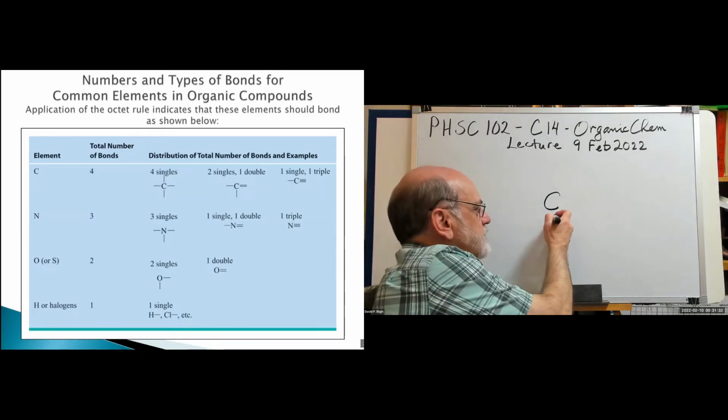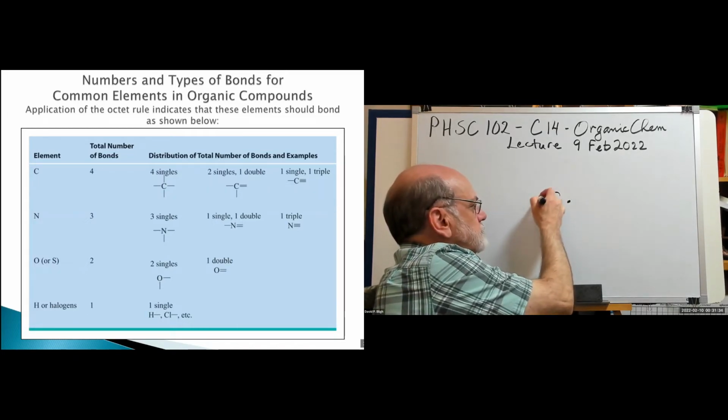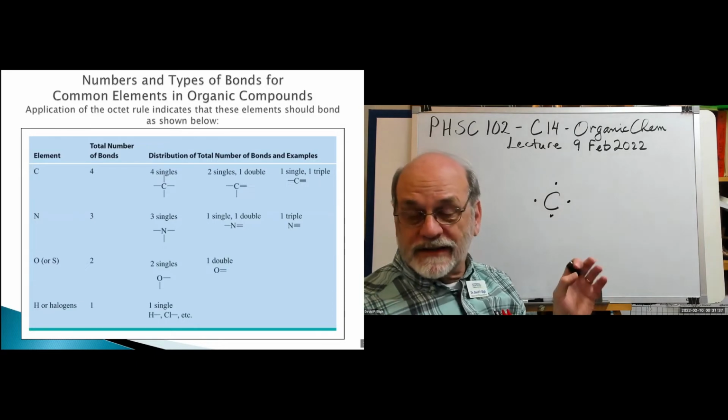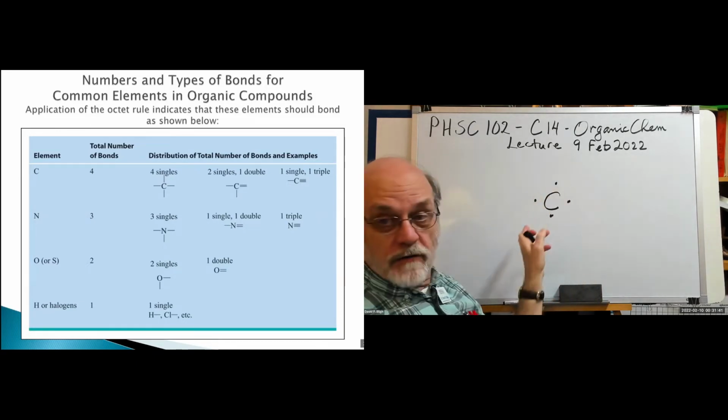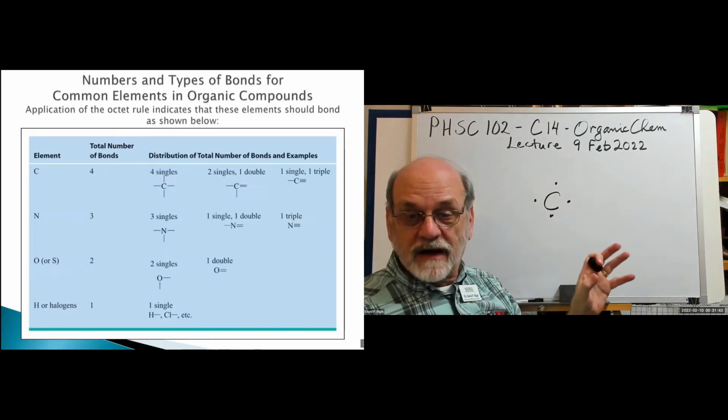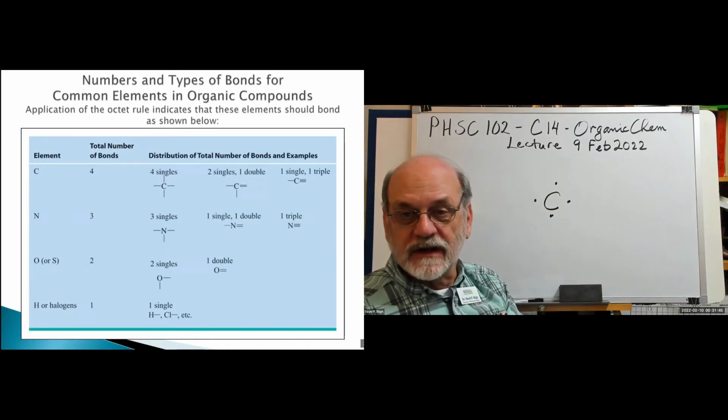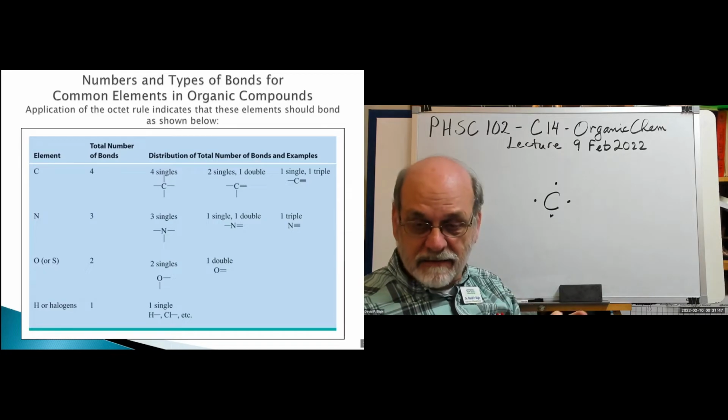So carbon has 4 valence electrons. That means it needs 1, 2, 3, 4 to complete the octet. That's why it has 4 bonds in any of these organic compounds.